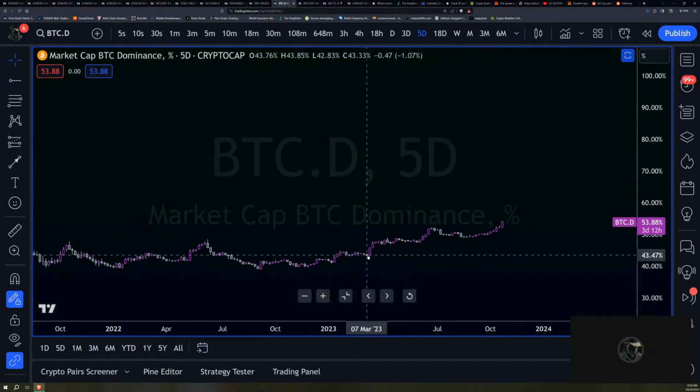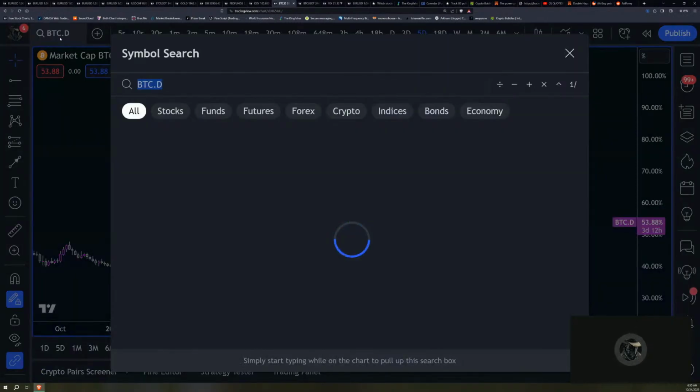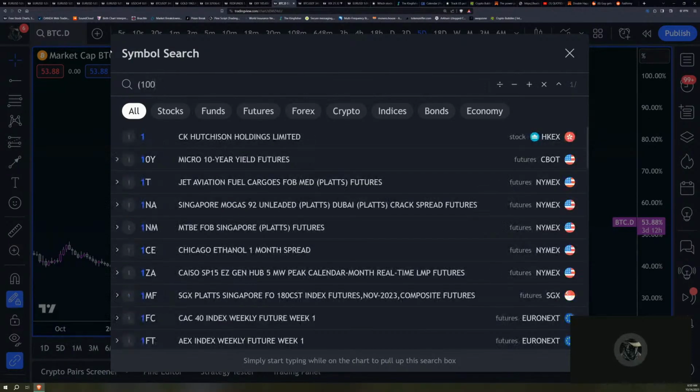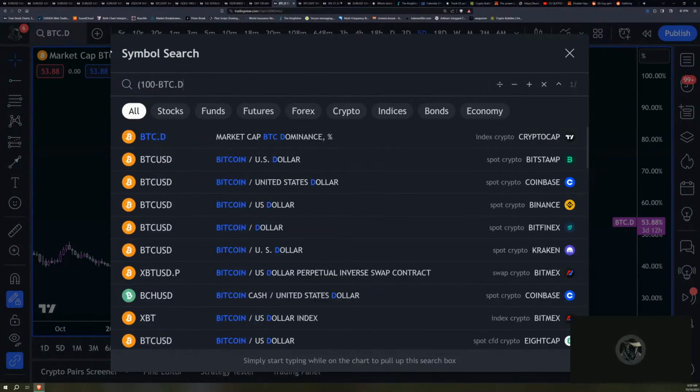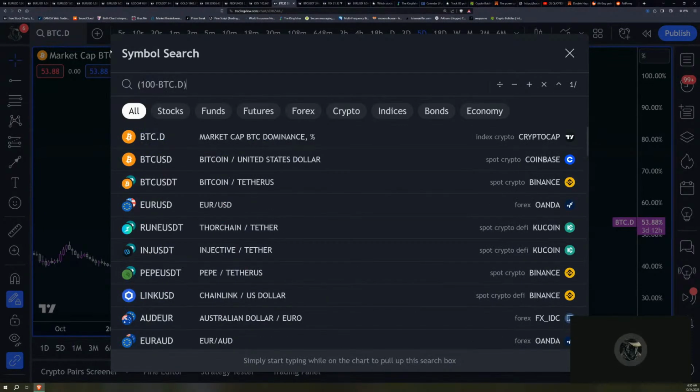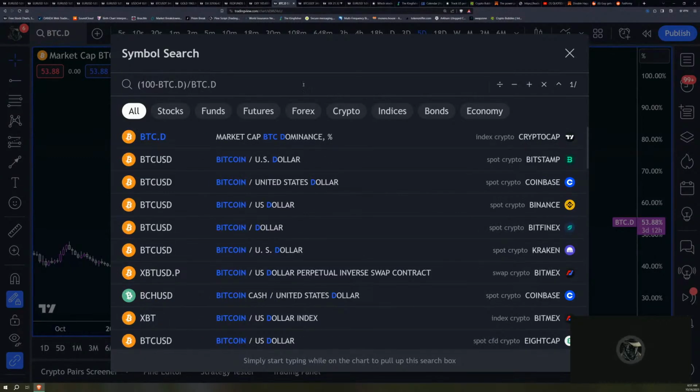Let me unoverlay Bitcoin. And this is the formula: 100 minus BTC.D, parentheses, 100 minus BTC.D divided by BTC.D. This kind of percentizes everything.